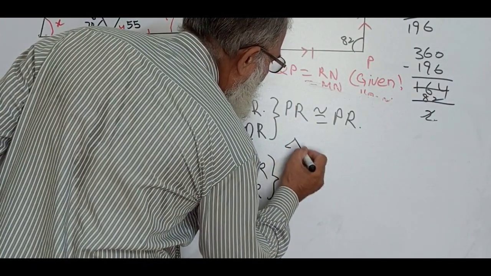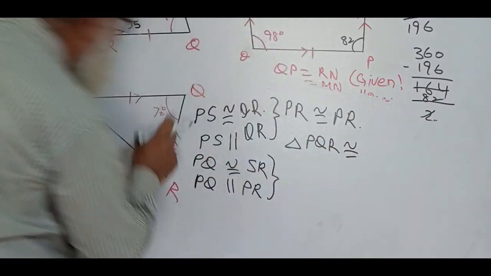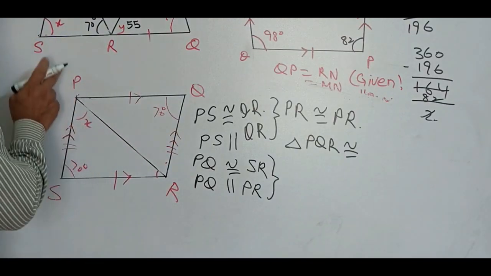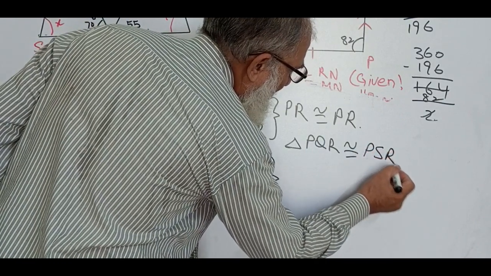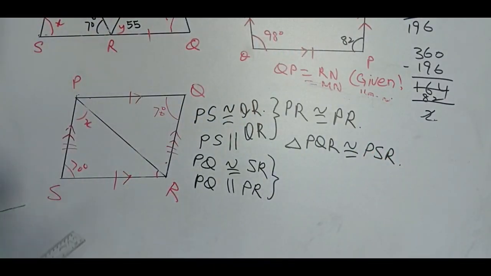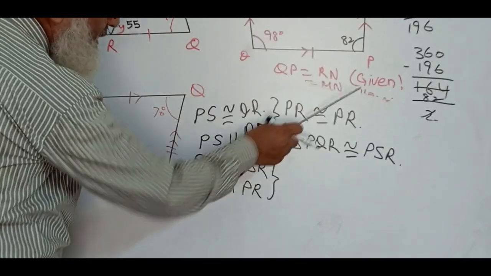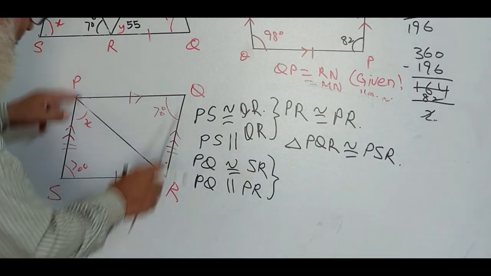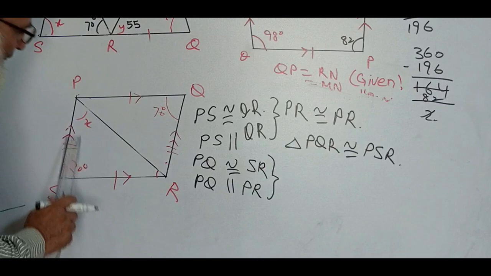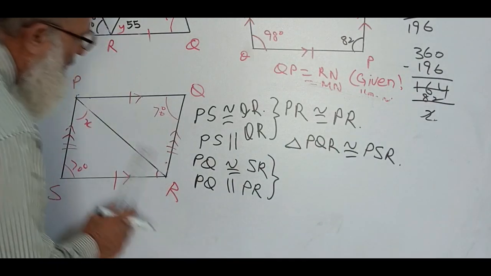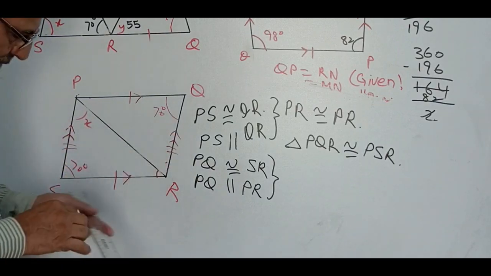Triangle PQR is congruent to PSR. Because we have already shown all the three sides are congruent to each other, this whole triangle is congruent to this whole triangle.